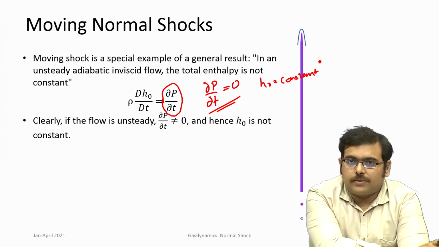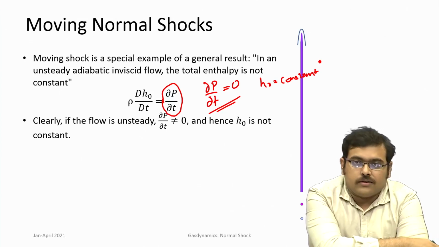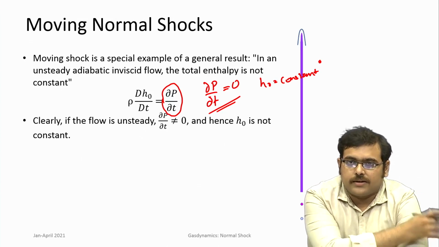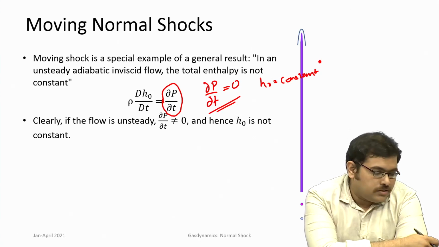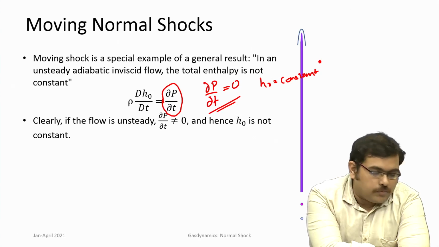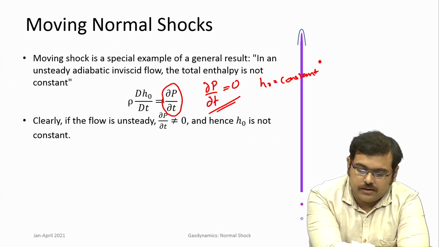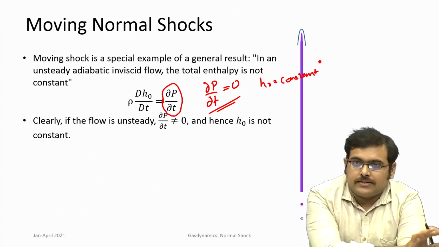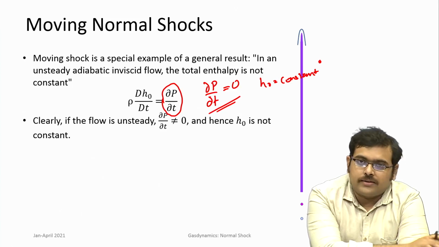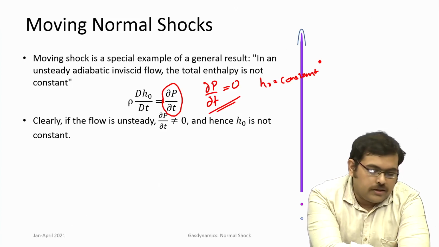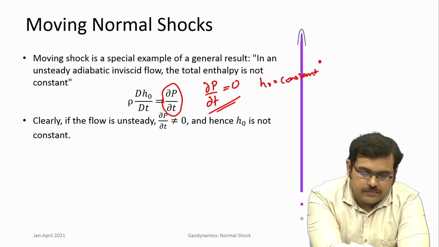So, static properties across a moving shock are calculated using stationary normal shock relations by doing an appropriate transformation, by jumping onto the shock and moving with the shock, but stagnation quantities have to be calculated separately by knowing the properties, velocity, temperature, pressure in the fixed frame of reference.